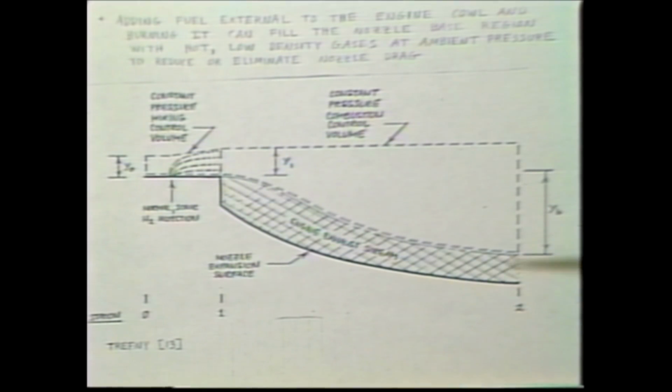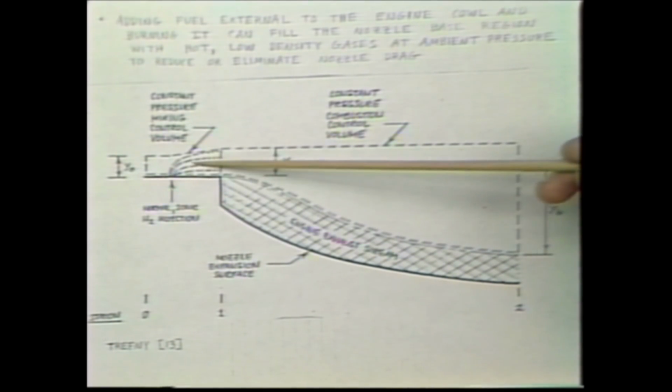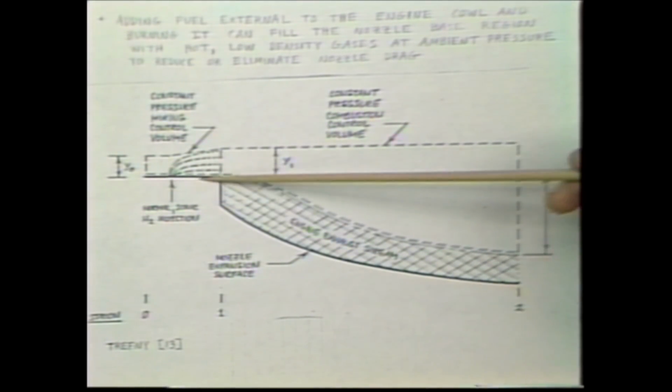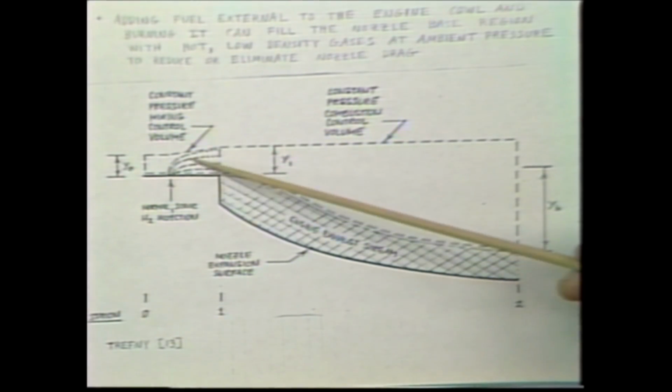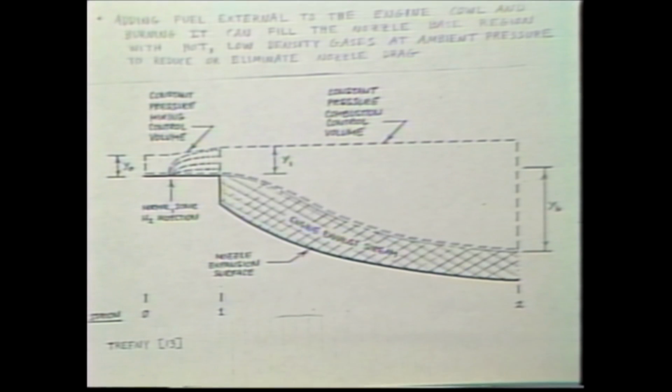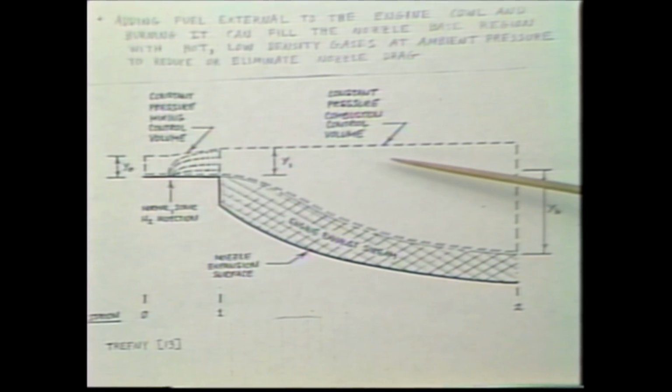The engine cannot fill up that base, so the flow coming around the cowl has to expand. This is an obvious expansion corner. It expands, and the pressure drops below ambient in this region. Well, if you can inject fuel, burn it, and fill that region with ambient pressure air, you can alleviate that transonic drag.